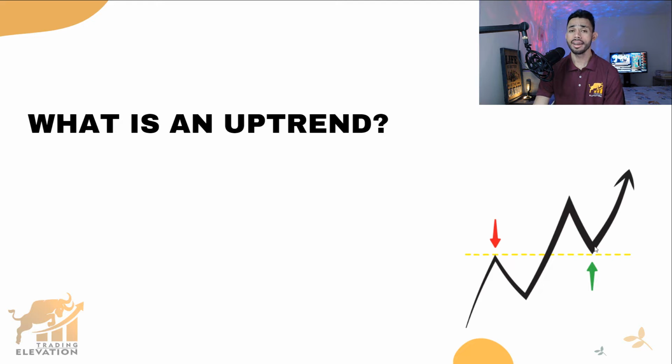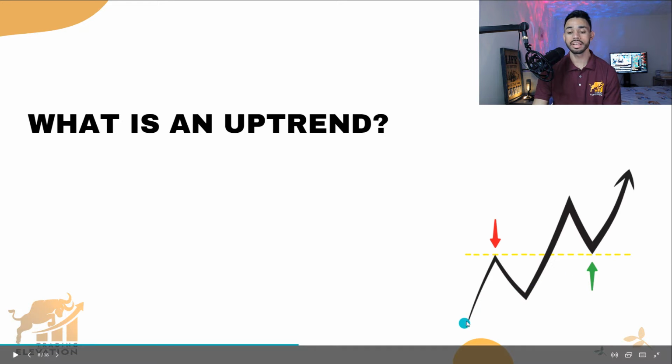What do higher highs and higher lows mean? When the market is in an uptrend, every next high is higher than the previous high, and every next low is higher than the previous low. So basically, higher high, higher low.